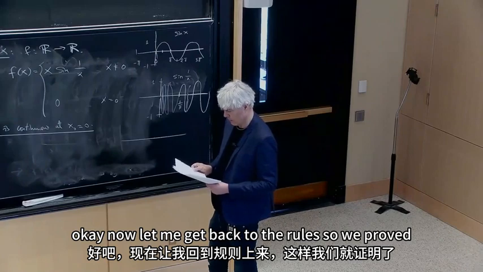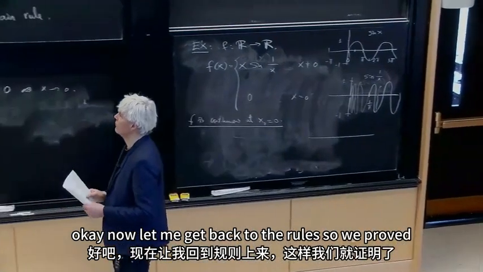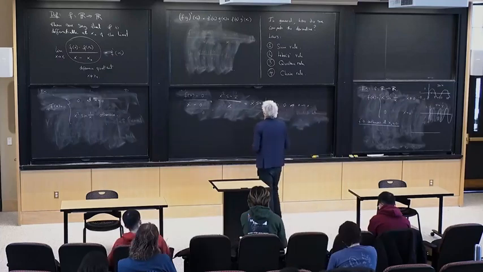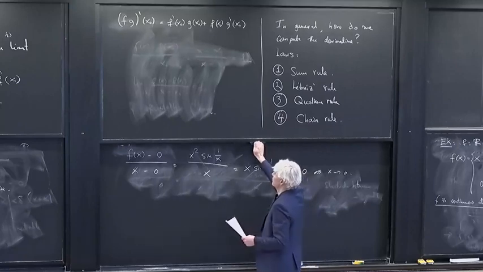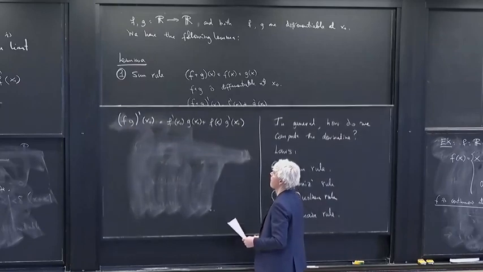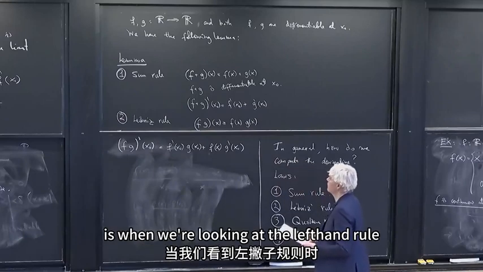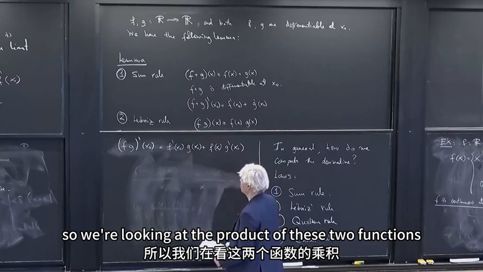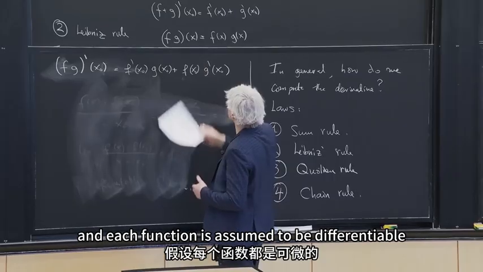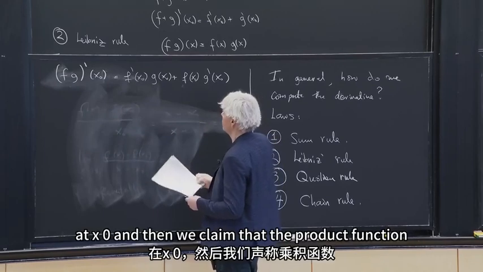Okay. Now let me get back to the rules. We proved one rule, the sum rule. The second rule we're interested in is the Leibniz rule. We're looking at the product of two functions, and each function is assumed to be differentiable at x0.